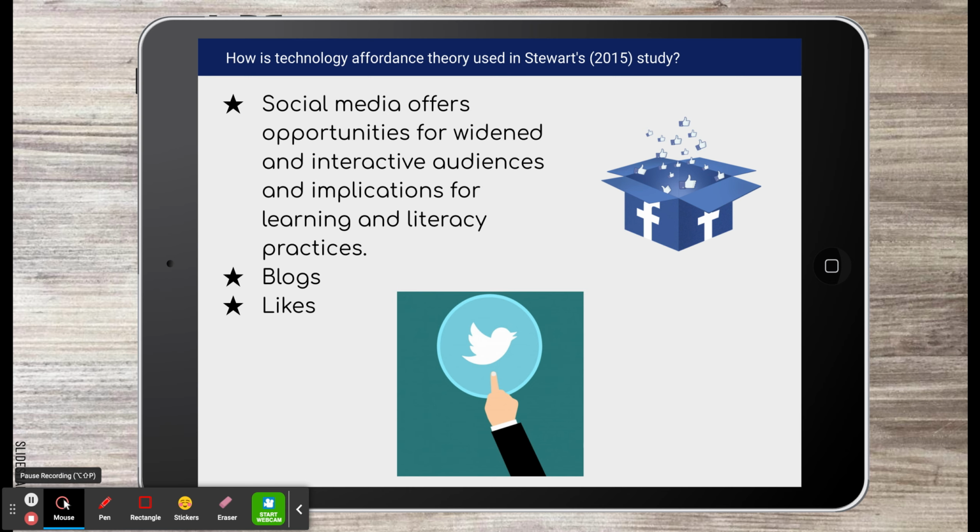That discussion is similar to the Facebook scenario to me. I don't think it's totally perceived, but I do think it's not as hidden as Facebook. And I do believe that blogs are a good use of technology affordance. But I think the likes are definitely a perceived affordance that many teachers and students understand.